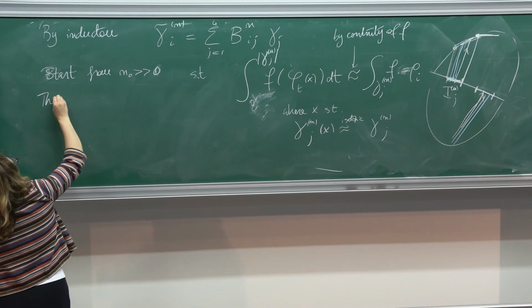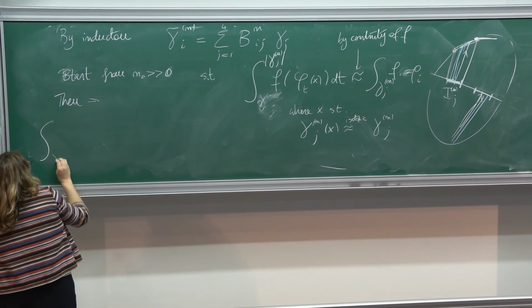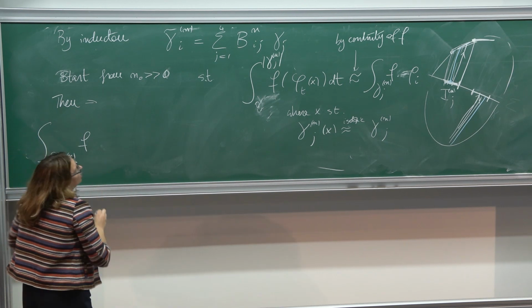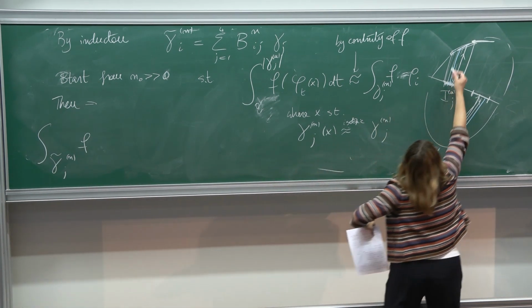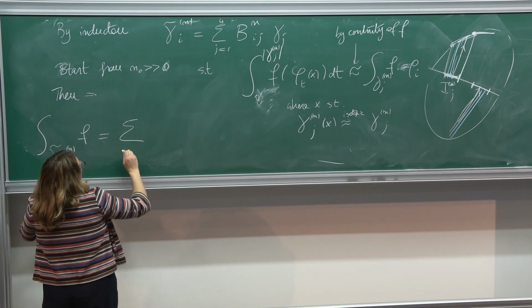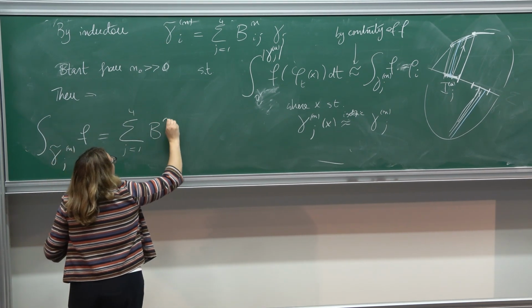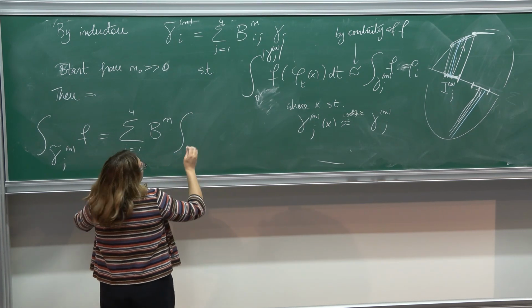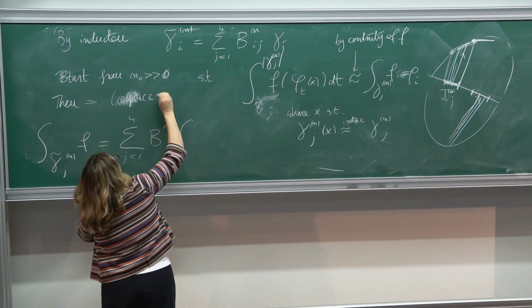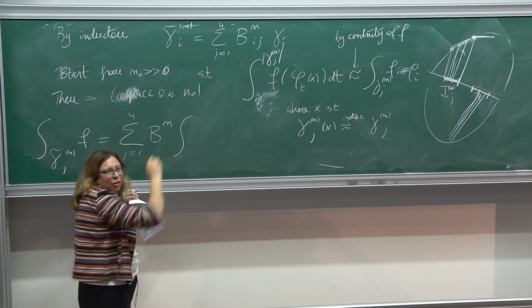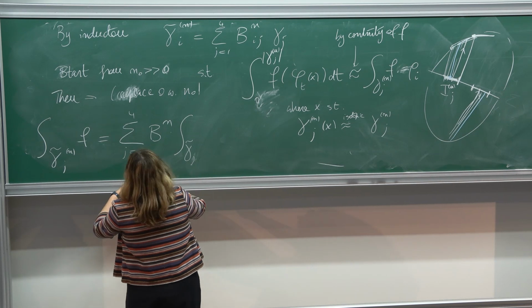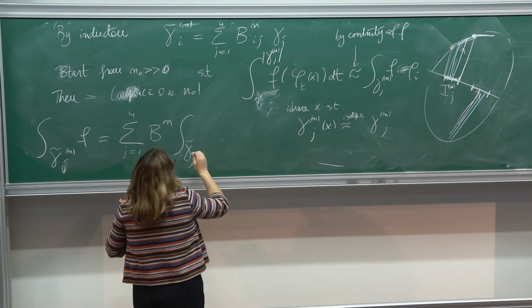Then if I look at the integral of f over one of these trajectories, gamma n j, this is a notation for the integral of f along the trajectory I'm considering, this will be a linear combination, a sum over j from 1 to 4 of B n times the integral over gamma tilde j of f, replacing 0 with n0.